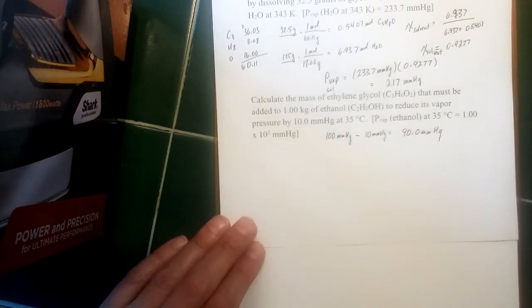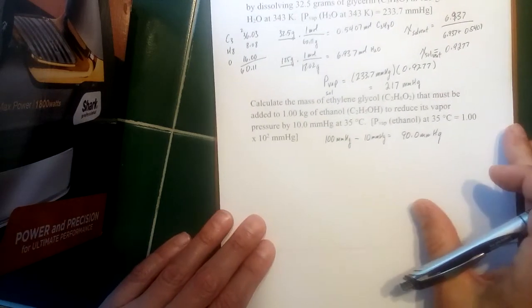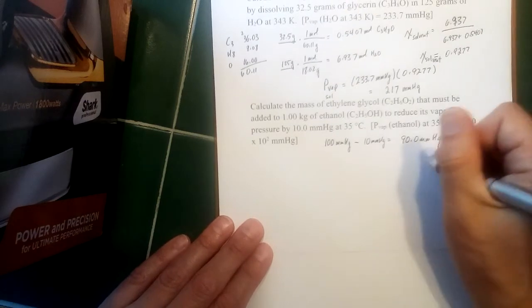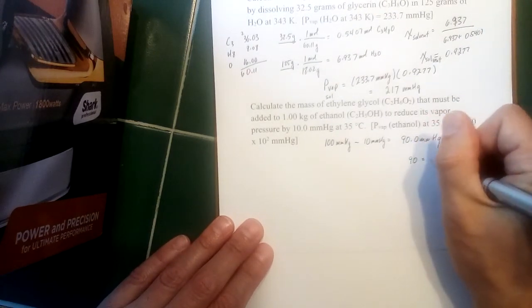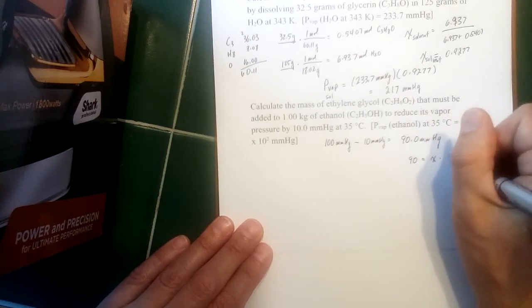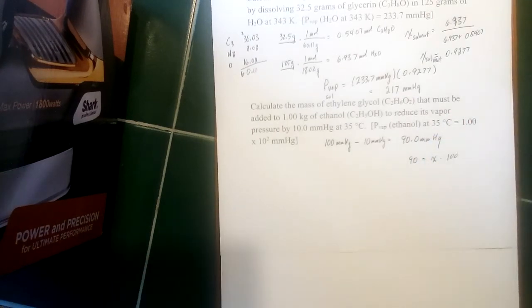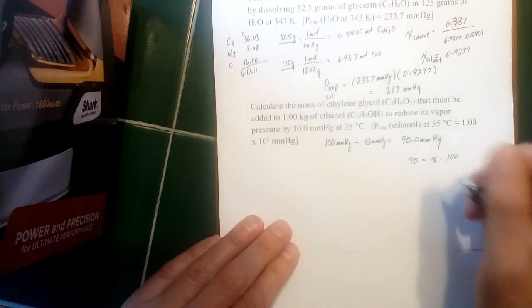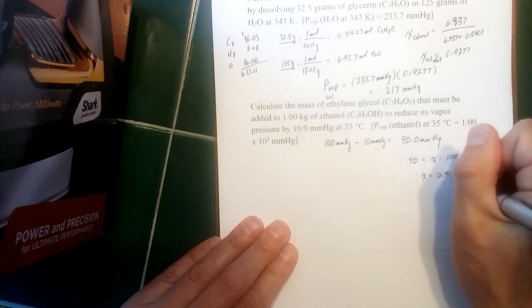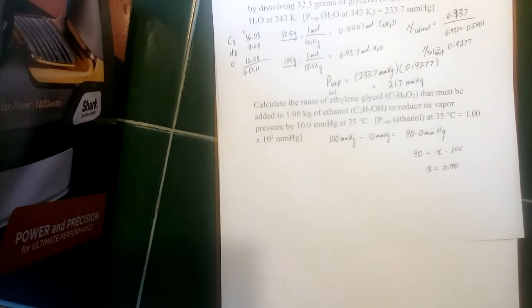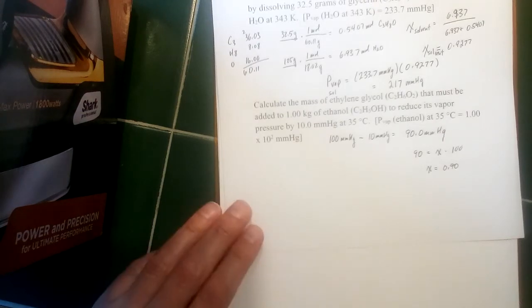If the vapor pressure is 90, plug that in as the vapor pressure of the solution, along with the mole fraction and the vapor pressure of the pure liquid. That means we're looking for a mole fraction of 0.90. So we need a solution that has a mole fraction in terms of the solvent of 0.9.